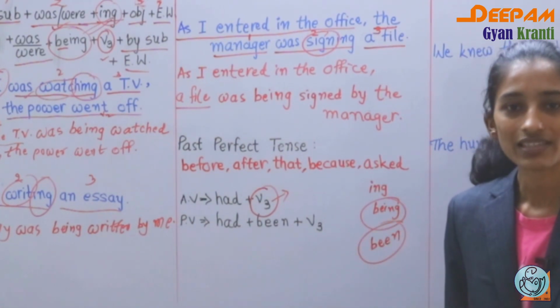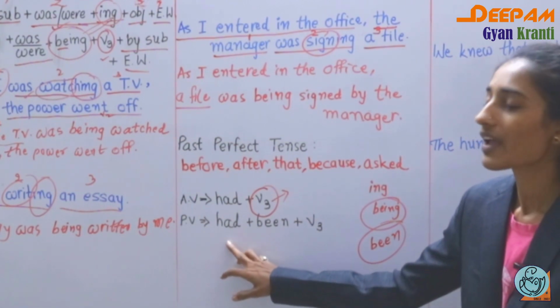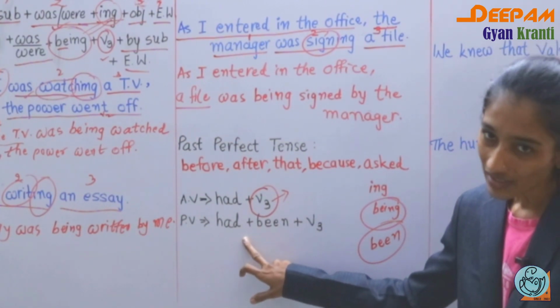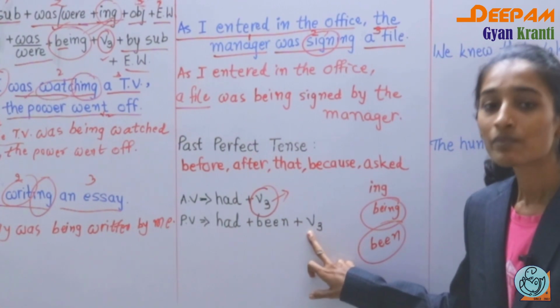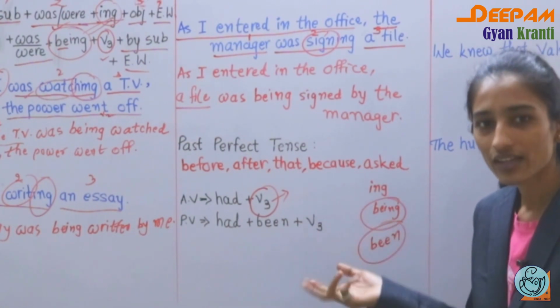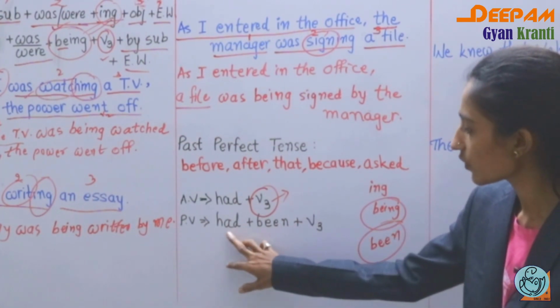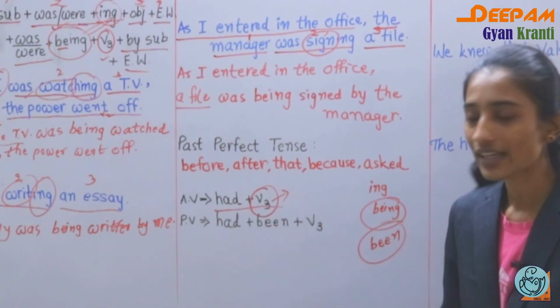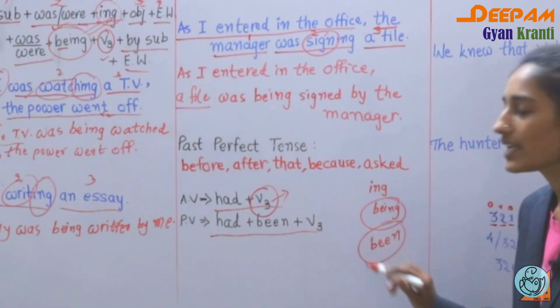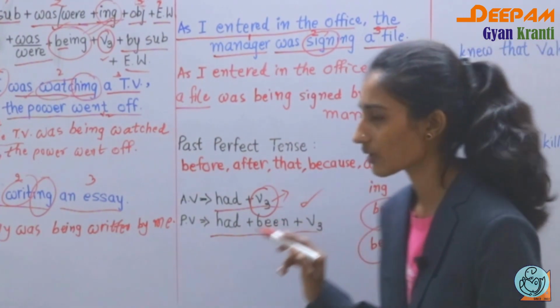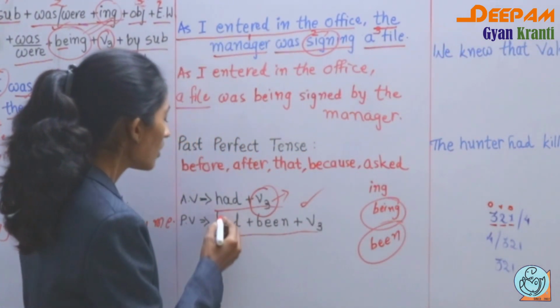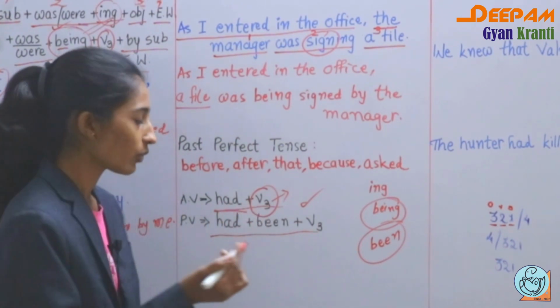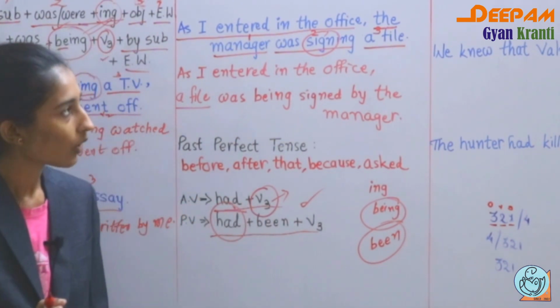So your passive voice is like object plus head plus been plus past participle plus by subject, and then you have to add extra words, right? What you have to remember in active voice, head plus V3, and in passive voice, head plus been plus V3. Okay, so you have to remember this. No need to change whether the object is singular or plural, you have to put head only.